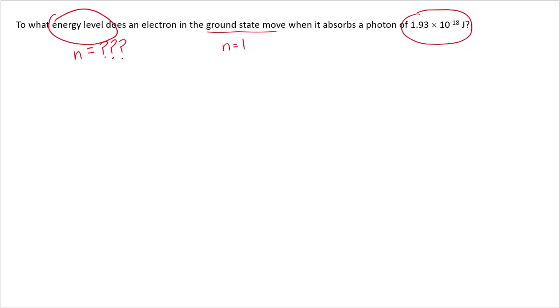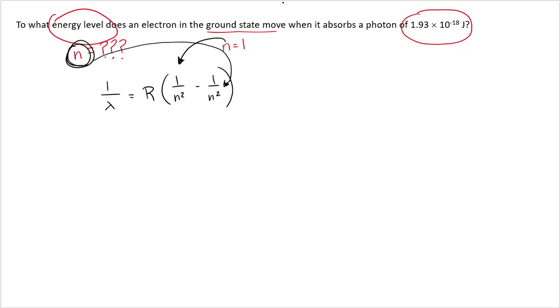This has a lot going on, but go back to what the Rydberg equation is. What do we know? What do we not know? We know n equals 1. That's going to go in here. We know it's going to get promoted, so it's going up because it's absorbing. So our second n is going to go over here. That's our unknown.